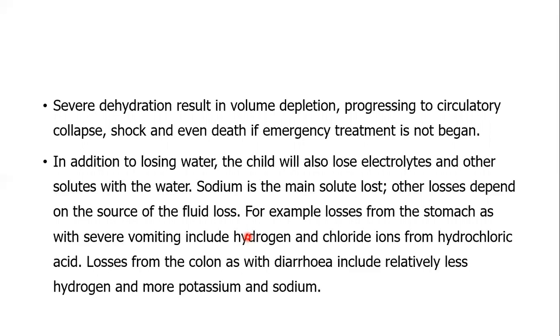For example, losses from the stomach, as with severe vomiting, include hydrogen and chloride. And hydrogen and chloride are the components that make up hydrochloric acid found in the stomach. Losses from the colon, as with diarrhea, include relatively less hydrogen and more potassium and sodium. So the loss of electrolytes will depend on where the fluid loss is occurring.